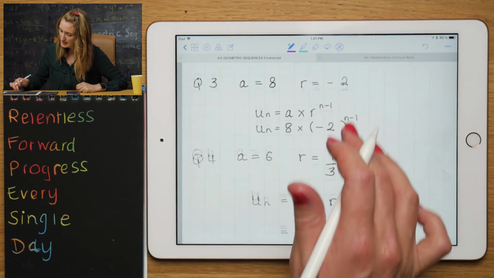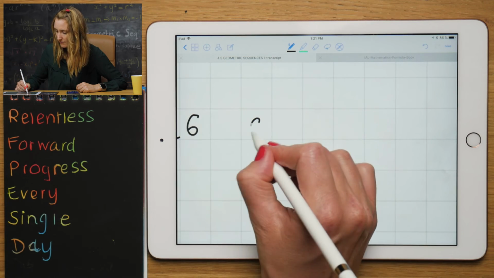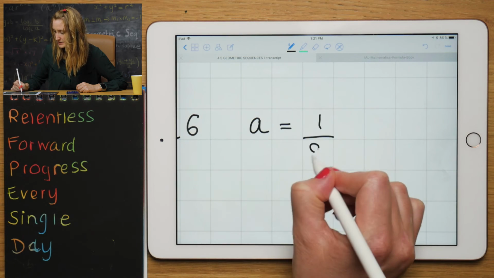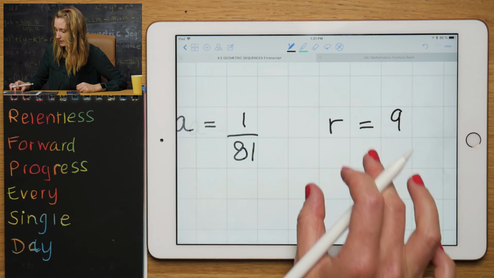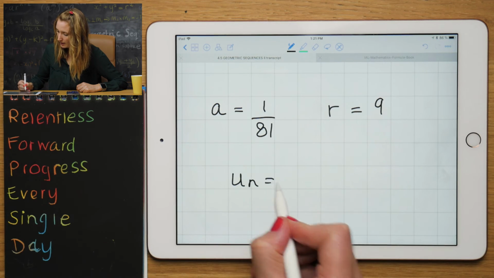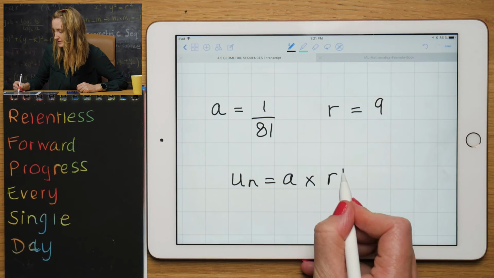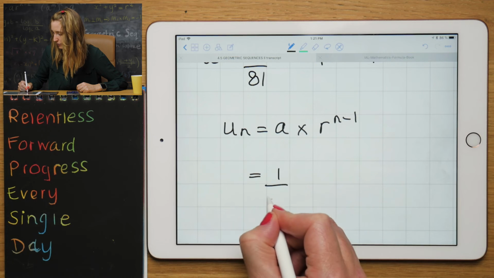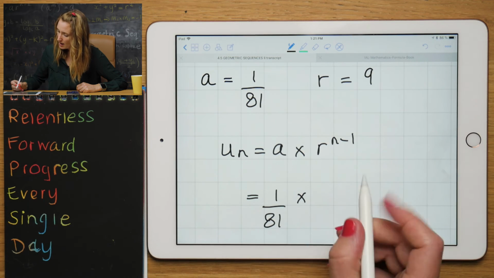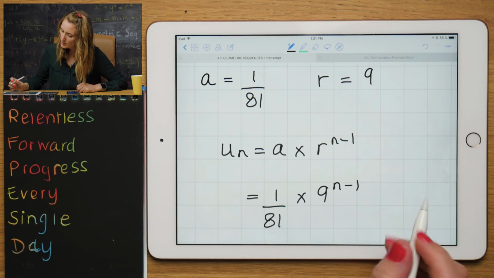So in question 6, we have a is 1 over 81 and r is 9. So to calculate un, I will do a times r to the n minus 1, 1 over 81 times 9 to the n minus 1.